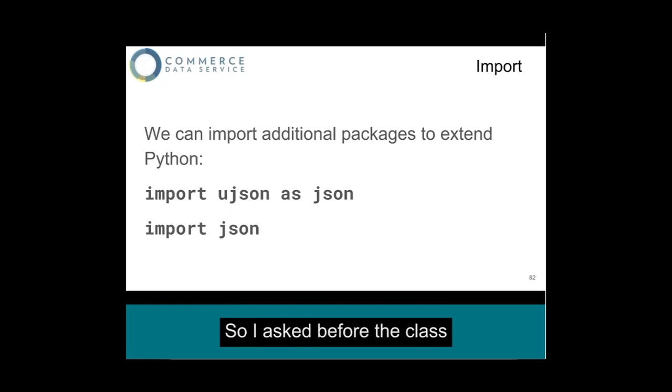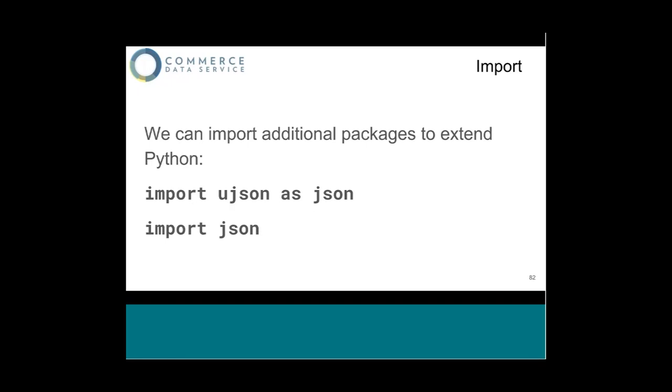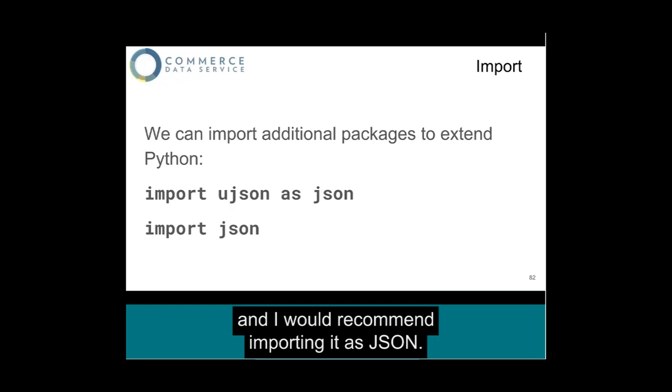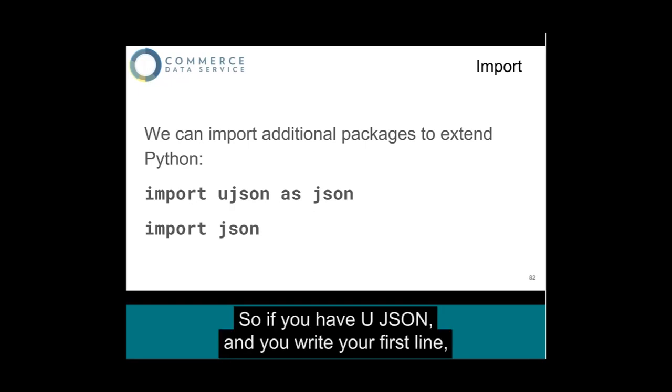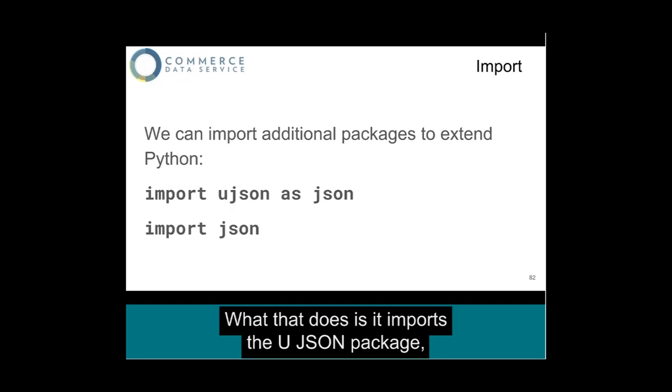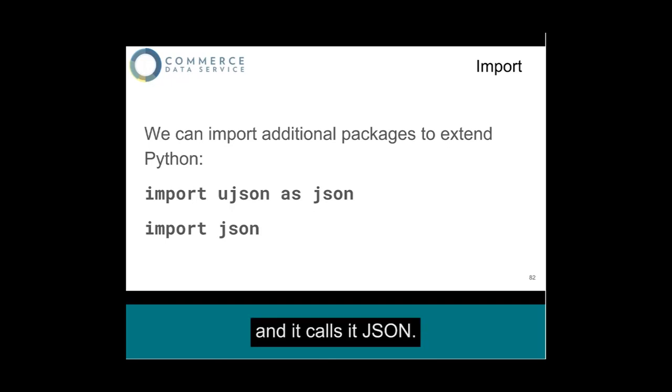I asked before the class started that people install ujson. If you have, you can import it, and I would recommend importing it as json. So if you have ujson and you write the first line, import ujson as json, what that does is it imports the ujson package and gives it the name json.